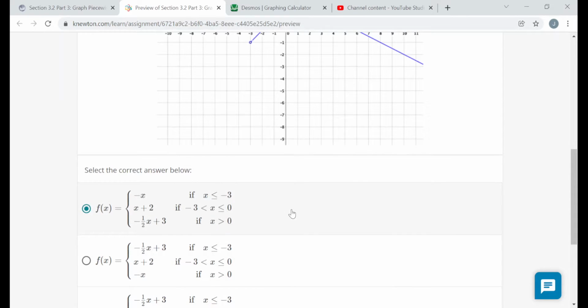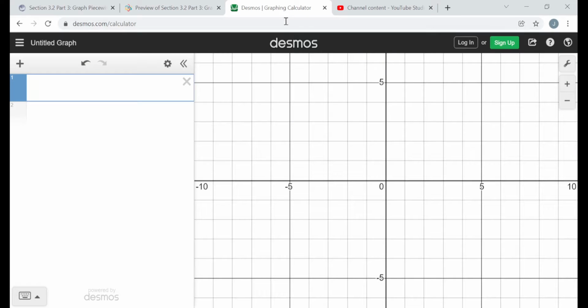All right, now let me show you how to also graph this stuff on a calculator, the free online graphing calculator at desmos.com. Now you have to unfortunately draw one piece at a time. All right, so I'm at desmos.com here, and just go y equals each time. Right, y equals, the first piece was negative x, but not the entire thing.